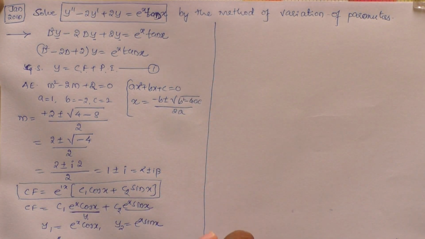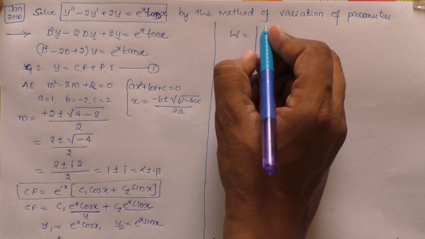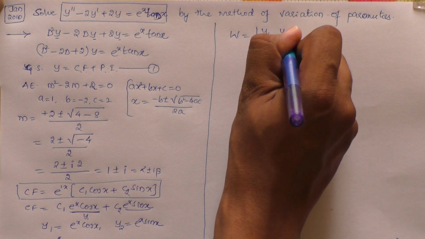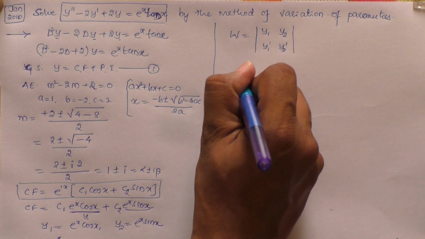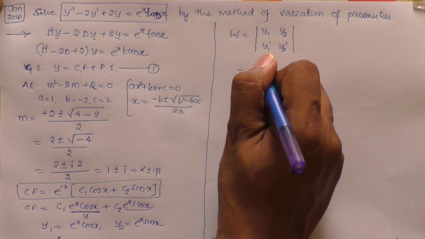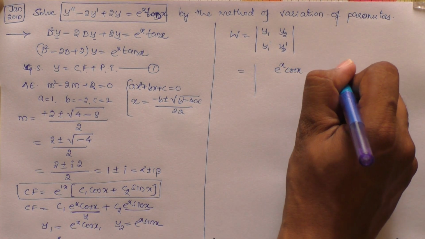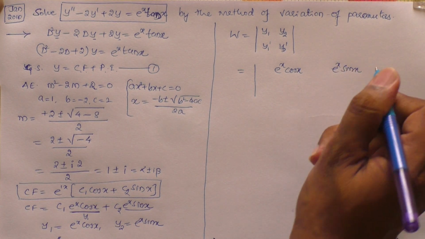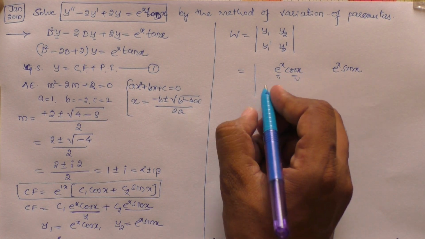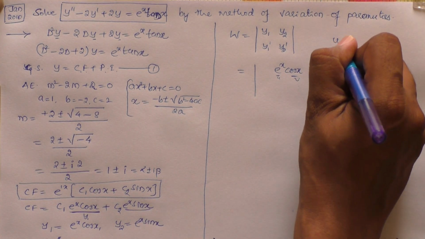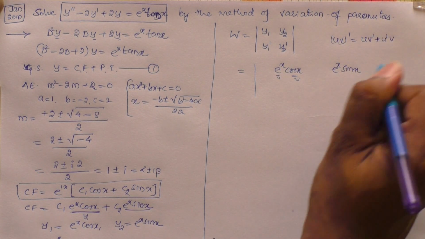Before the particular integral you must find W, the Wronskian of y1 and y2, which is defined as the determinant with first row y1, y2, and second row y1 dash, y2 dash. In this case y1 is e raised to x cos x, y2 is e raised to x sin x. For y1 dash, this is a product of two terms, u into v form, so apply the product rule: u into v dash plus u dash into v.